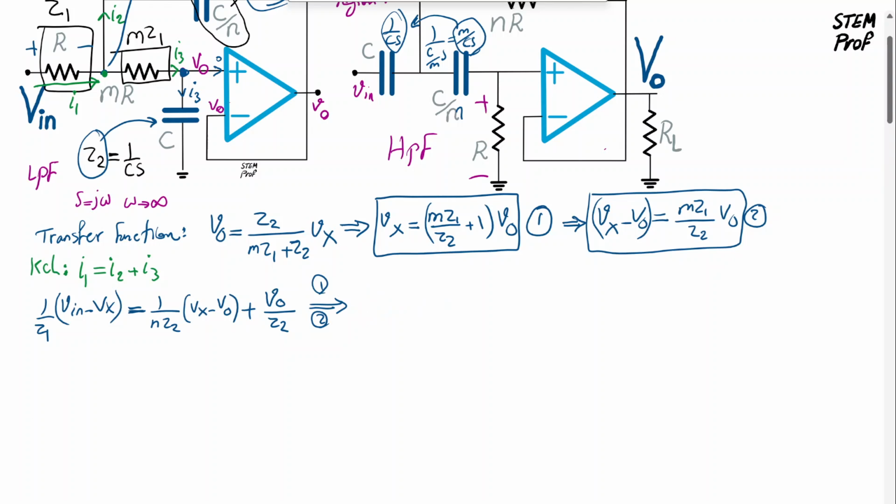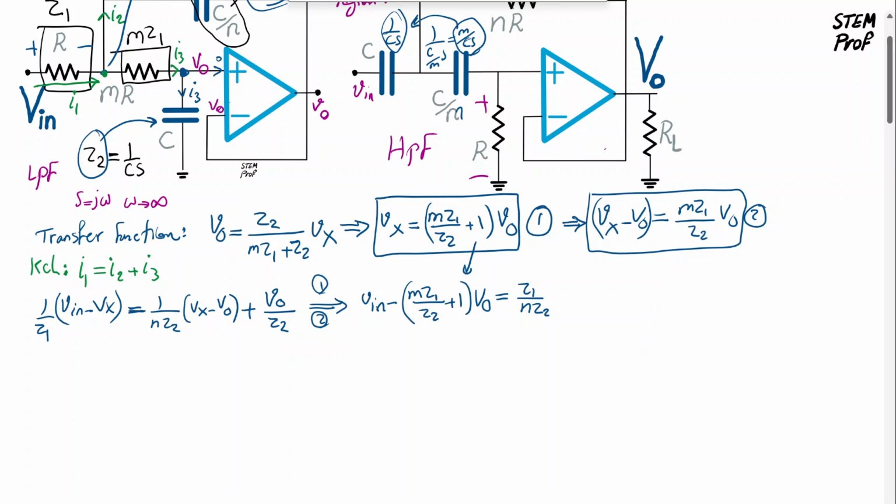So let's do that to just clean up. So Vn minus mZ1 over Z2 plus 1 times Vout, which is substitution here, equal to, this Z1 is multiplied to the other side, so becomes Z1 over NZ2, and Vx minus Vout is simply from here, equation 2.